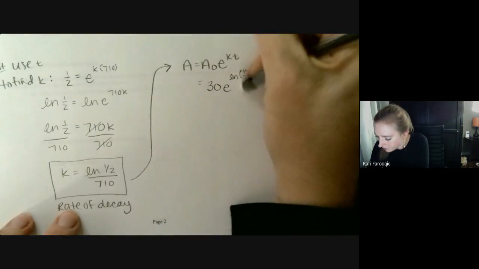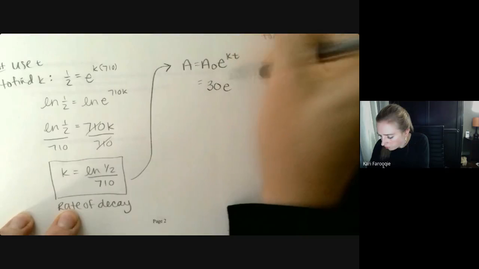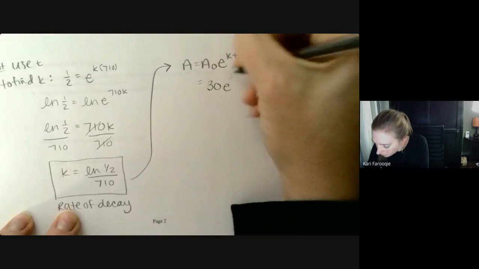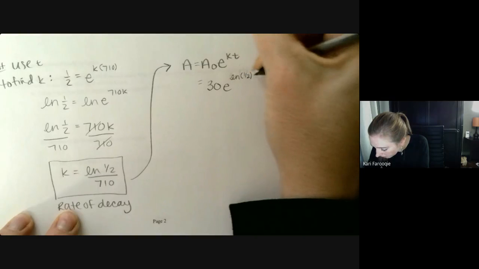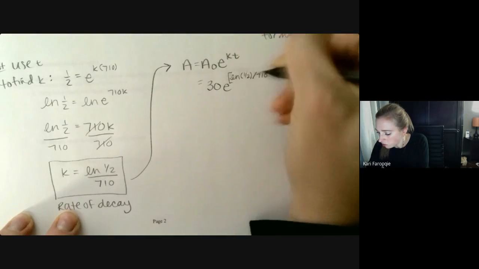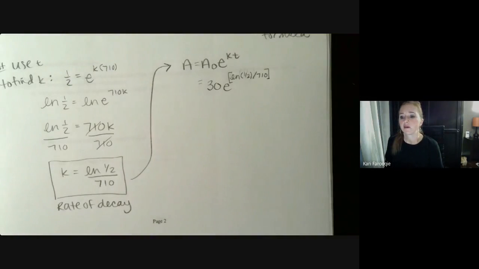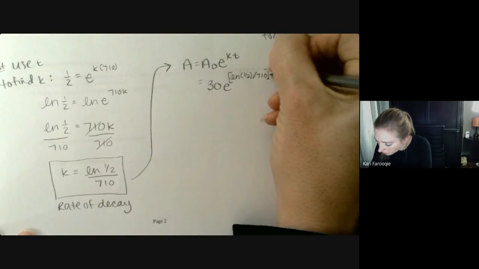I was going to say you can simplify, but no, because I read it one way, but I was not writing it. It's the natural log of 1/2 divided by 7/10. I'm even just going to put some brackets on that. So that's e to the kt. T is going to be 300 years.